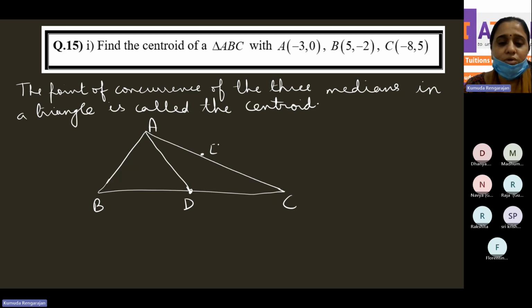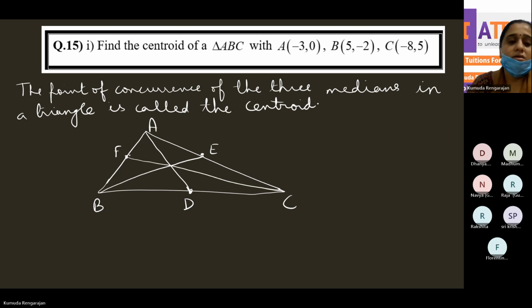Let E be the midpoint of AC. So if you join BE, BE is the median on AC. Okay, so if F is the midpoint of AB, and if you connect CF, CF will be the median on the side AB. Now the medians AD, BE, and CF will always be concurrent.